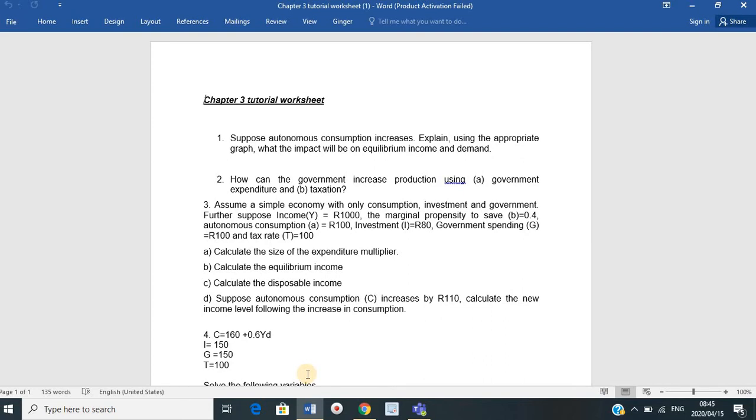A, calculate the size of the expenditure multiplier. Very good.